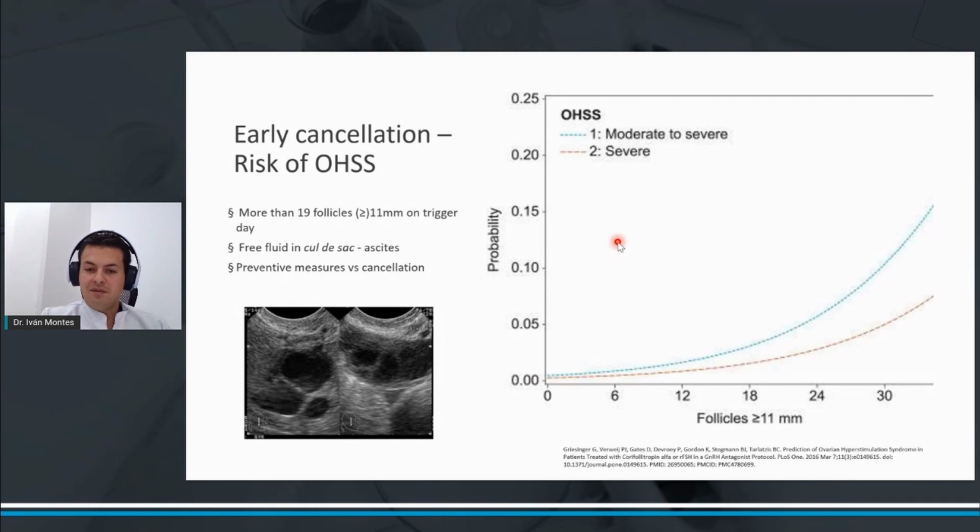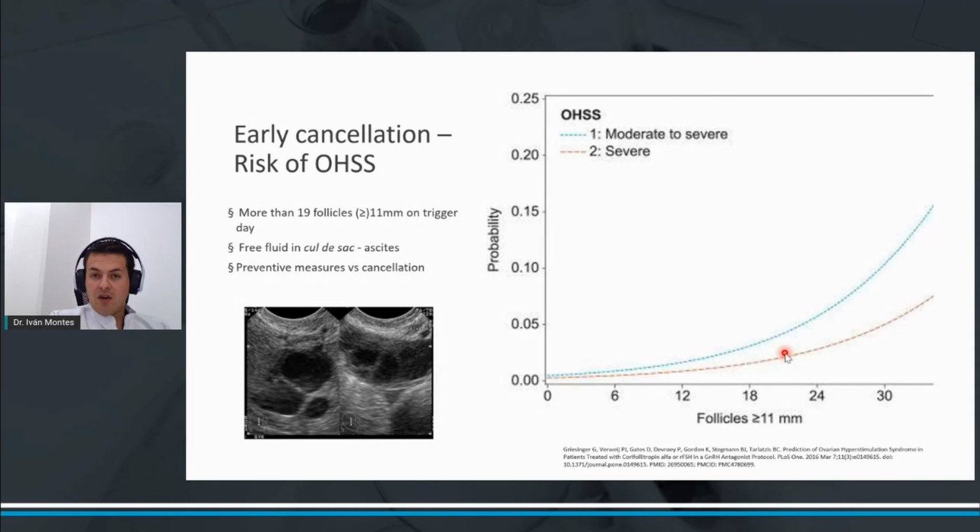Giesinger et al. carried out a study where they determined the threshold of 19 follicles above 11 millimeters on the trigger day, and this was the threshold to have a moderate to severe case of ovarian hyperstimulation syndrome.